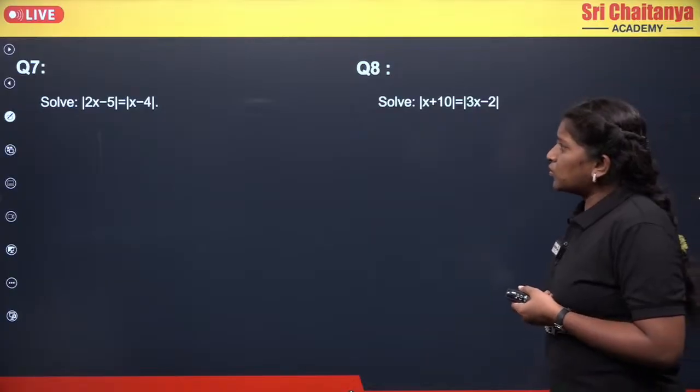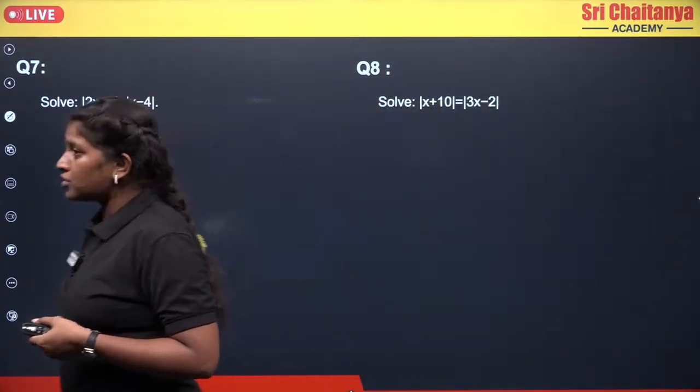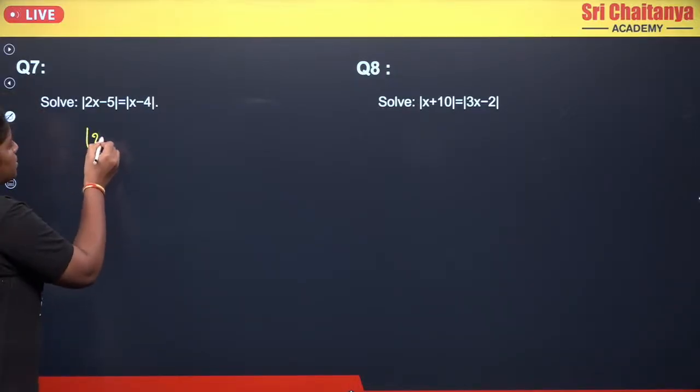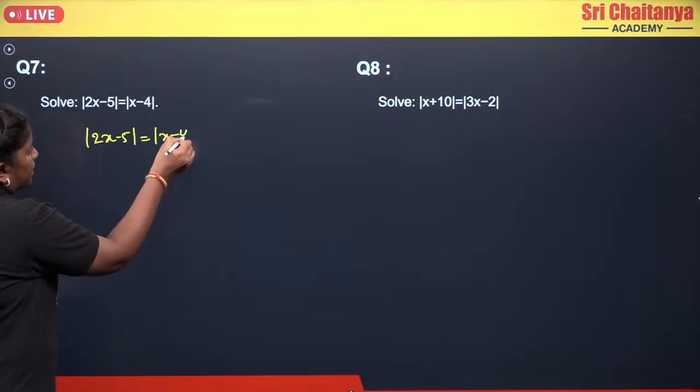So modulus of 2x minus 5 equals modulus of x minus 4. Here we will take modulus of 2x minus 5 equals modulus of x minus 4.